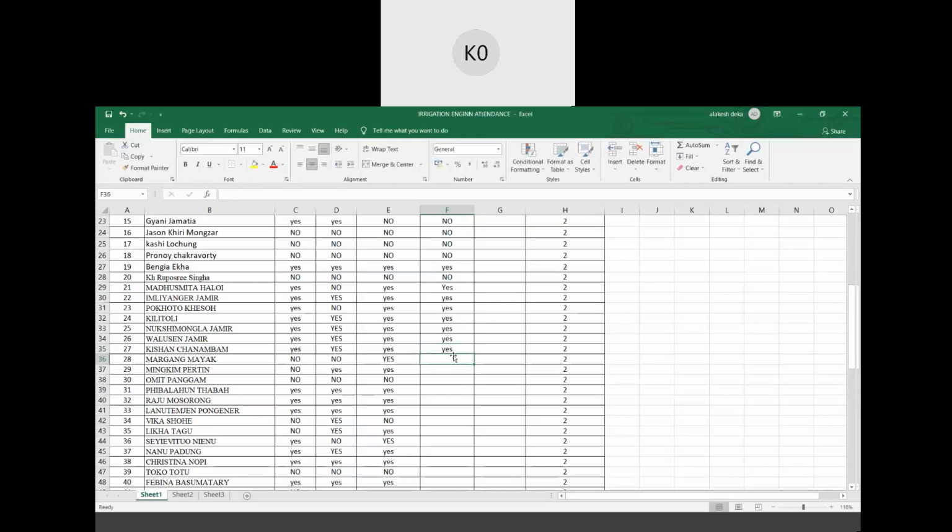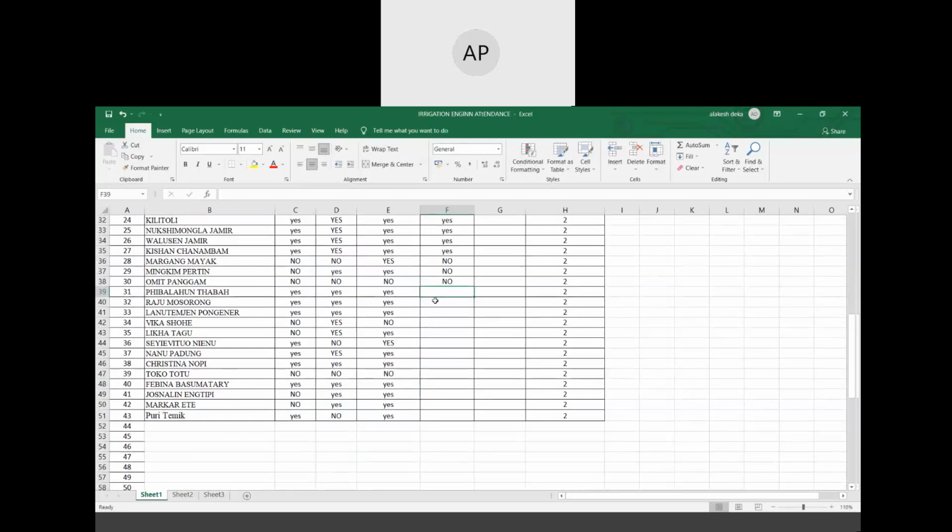Margang, absent. Minging Partin, absent. Omid Pangang, absent. Fiba Lahun Thaba, present ma'am. Lanu Temzen, present ma'am. Raju, present ma'am.